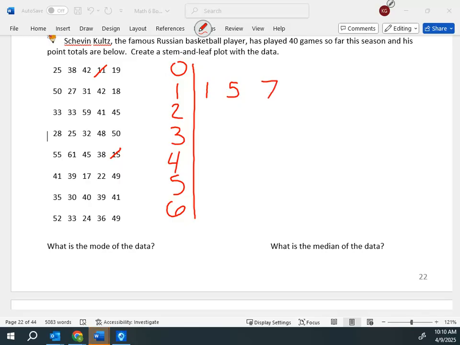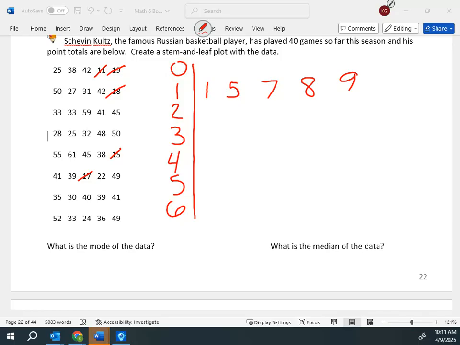I have a 17 right here. What am I going to put after that? Kylie? An 8 for my 18. And then what? Adeline? 9. There's my 19.